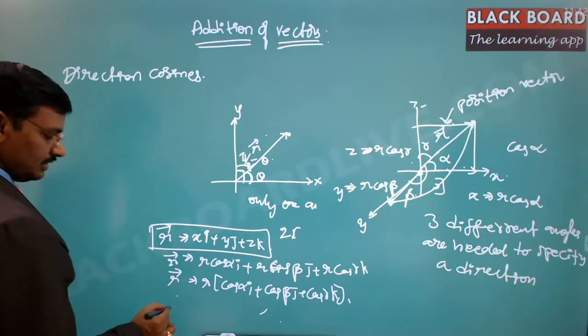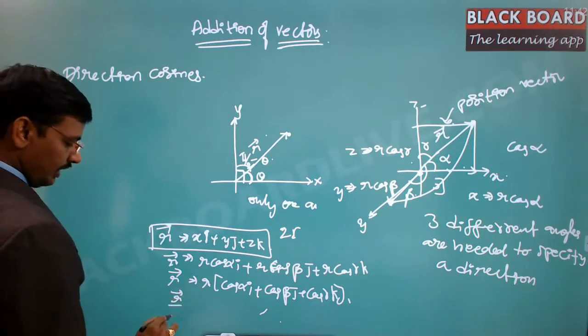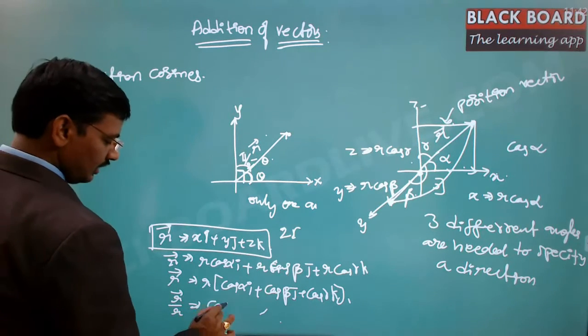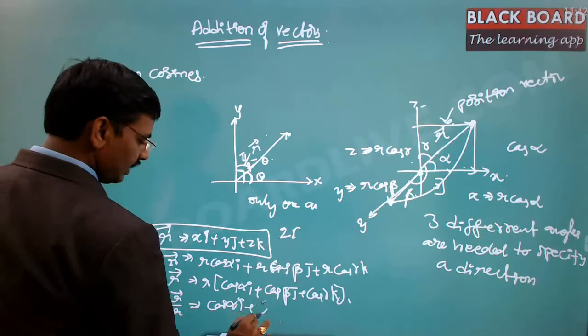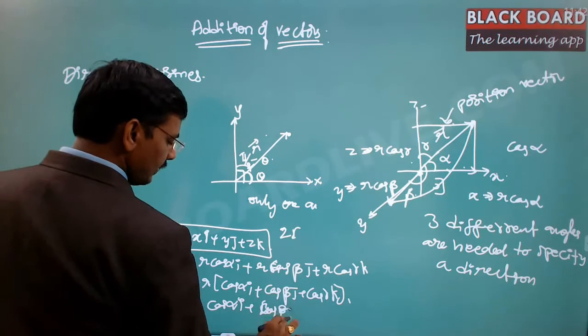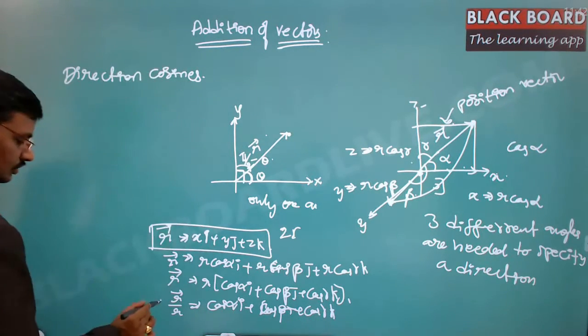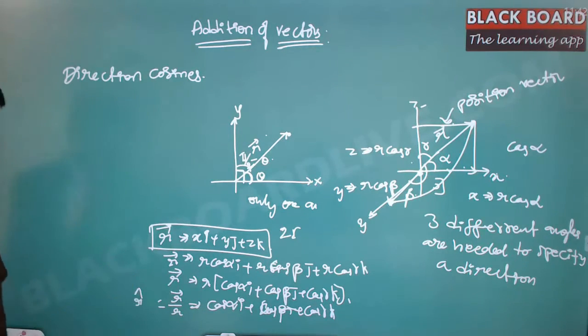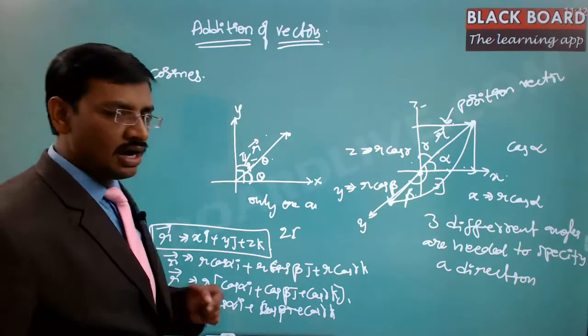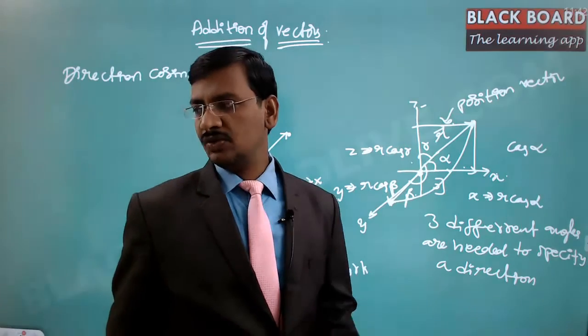Now if you take this to this side, r bar by r is equal to cos alpha into i plus cos beta into j plus cos gamma into k. So this is usually represented with r cap, because that is a unit vector. r bar by modulus of r will give the unit vector.